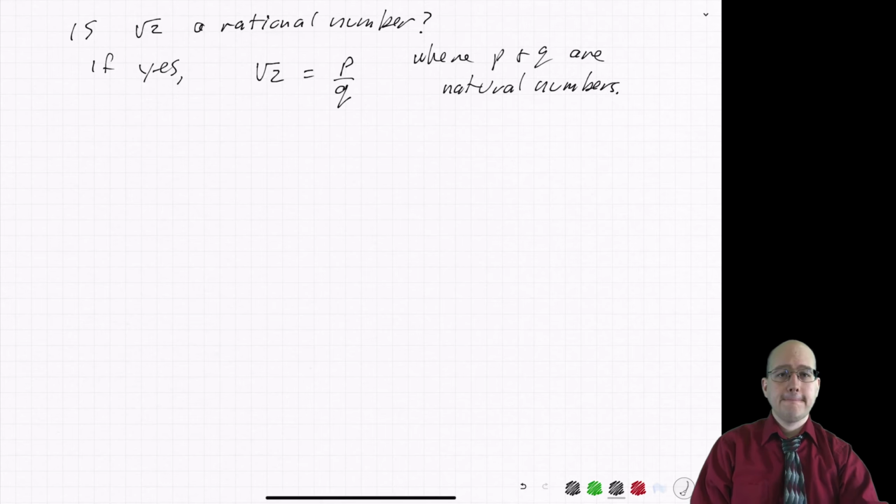Now, what do we know about rational numbers? Well, this is something that needs to be proved, or argued for, whatever. But basically, we can assume p and q have no common factors.